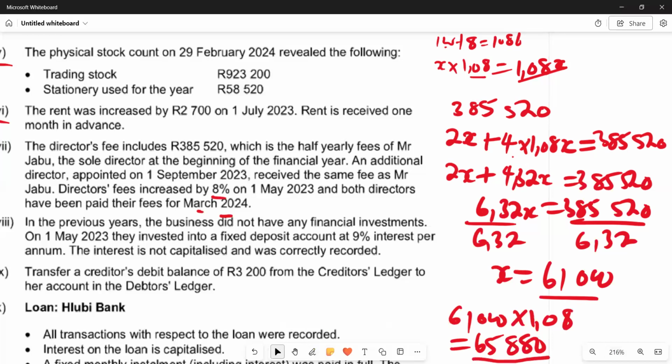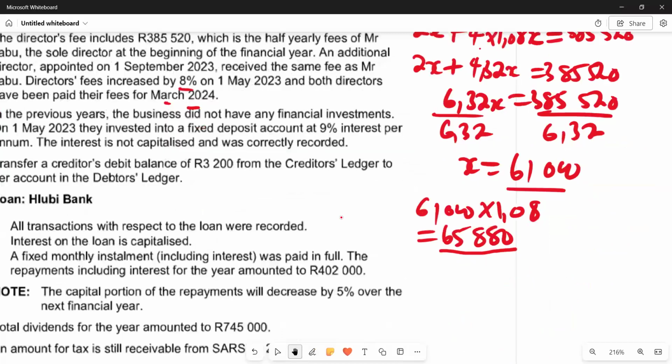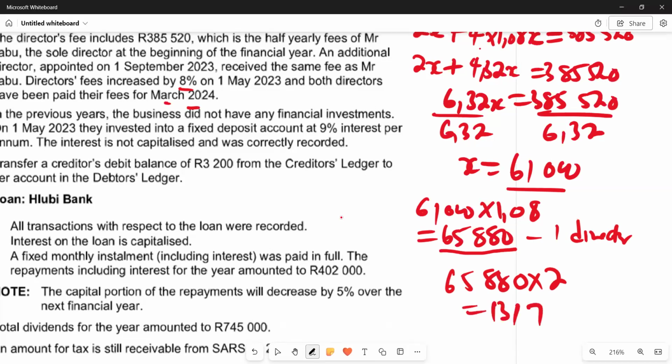So this is going to apply for one director for the month of March 2024. To get for the 2 directors, this is for 1 director, so for 2 directors we say 65,880 times 2. We multiply by 2, and we get 131,760.